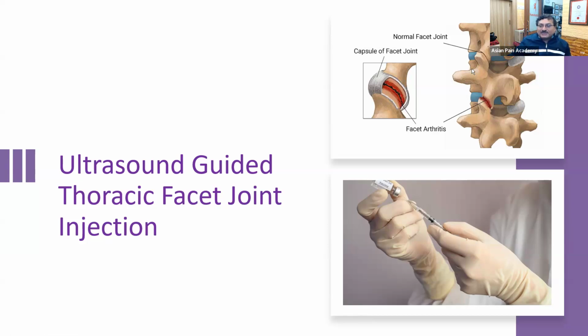But the problem happens in case of T5 to T9. In this area, the medial branch, which in all other areas is situated at the level of the transverse process, is situated slightly above the transverse process, in the intertransverse area at the same level of the transverse process and the rib. So in those cases, we have to take the help of stimulation to find the exact location of the medial branches.